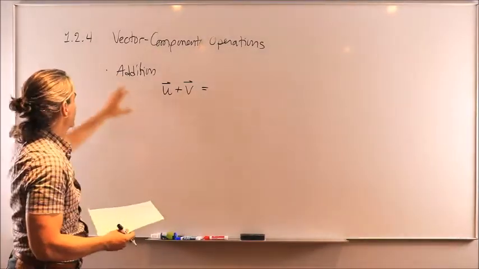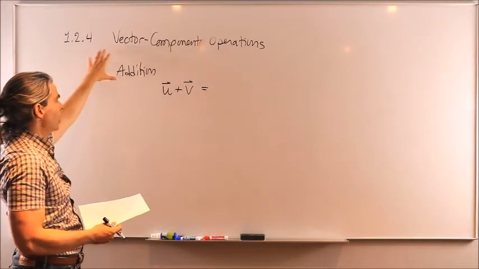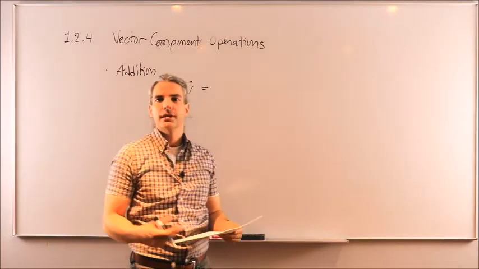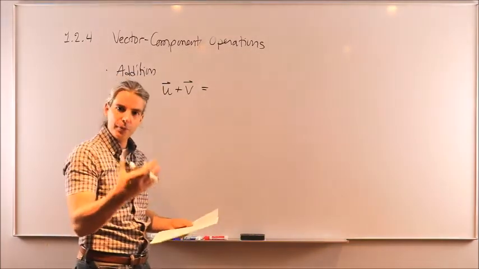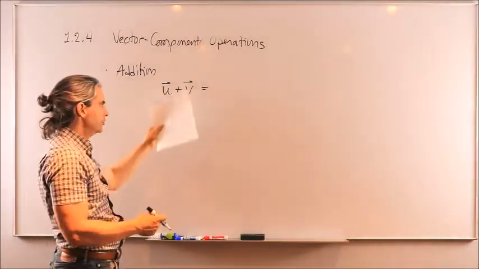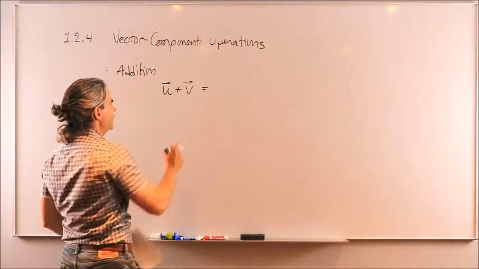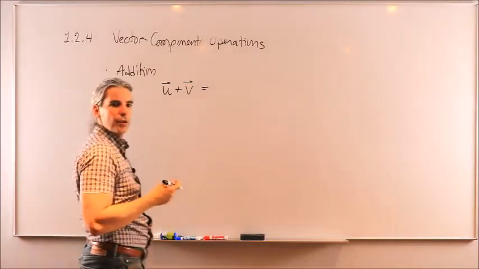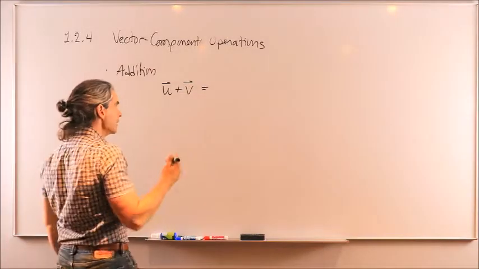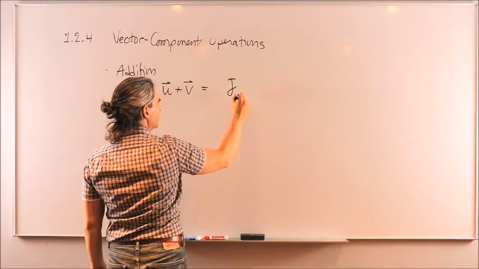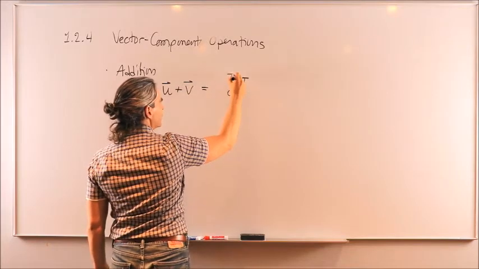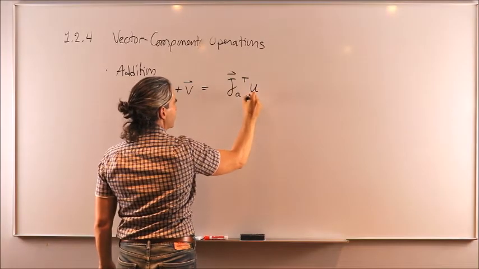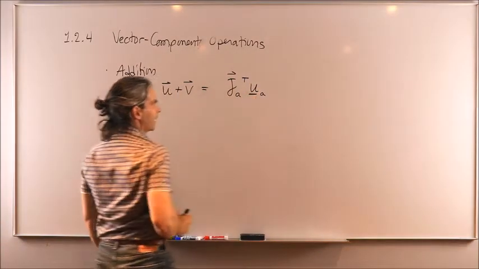In this section I'm going to do all of the operations assuming that all vectors are expressed in the same reference frame, and that would be reference frame A. So how can we express vector u in terms of its x, y, z components in reference frame A? Well, easy peasy. Use the vectrix notation. So vectrix A transpose times components of vector u in reference frame A, like that.